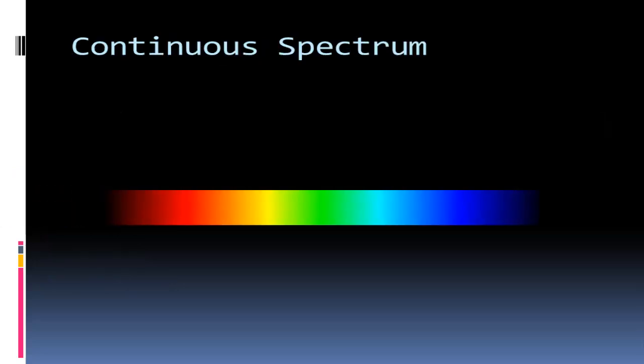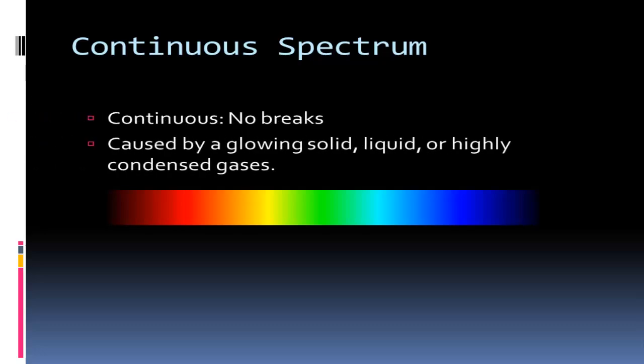So let's first look at the continuous spectrum, and as you can see, it's continuous. It goes from one color into the next and just bleeds into the next and so on, so there are no breaks. And this could be caused by a glowing solid. You ever put a poker in the fire? If you put it in there for a long time and pull it out, it'll be glowing. If you were to look at the spectrum of that, it would be glowing in all the colors, red or orange at the most intense.